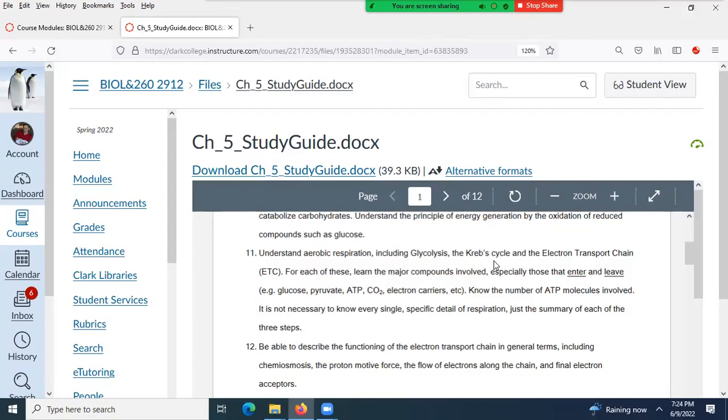The Krebs cycle changes the carbon in glucose to the carbon in CO2. And then the electron transport has the NADH and the FADH2 transporting the electrons to the electron transport chain. And then the electron transport chain pumps hydrogen ions across the membrane, which for eukaryotes will be the inner mitochondrial membrane.